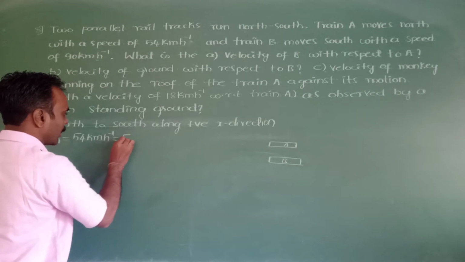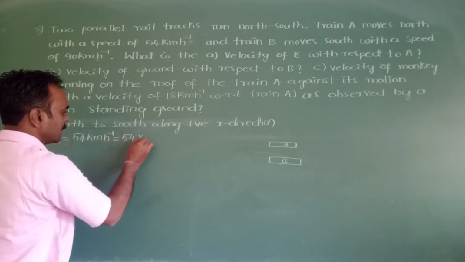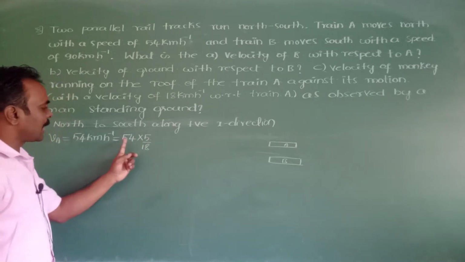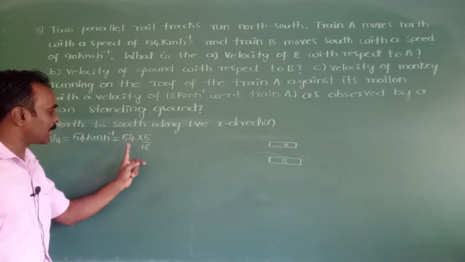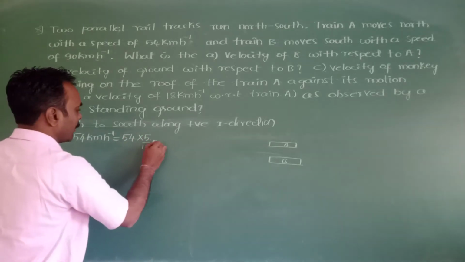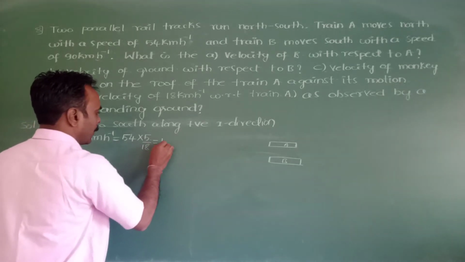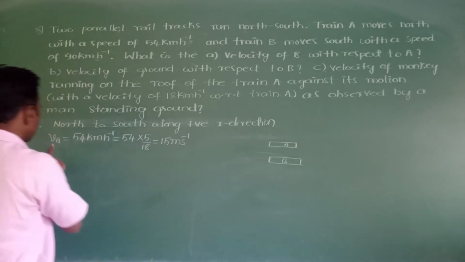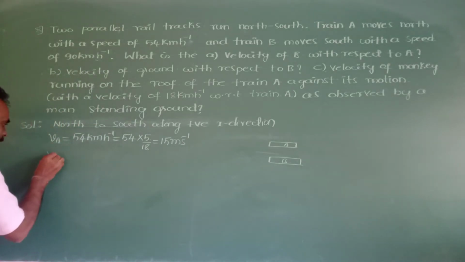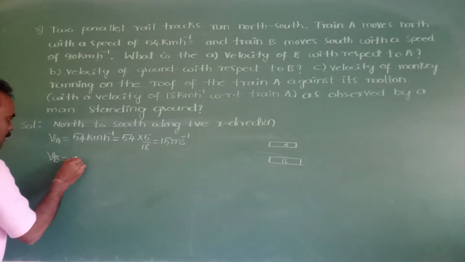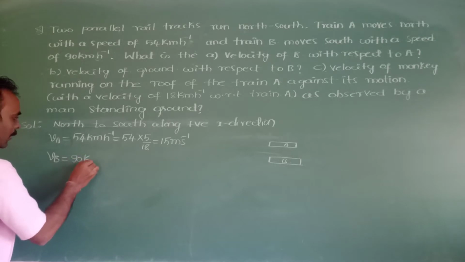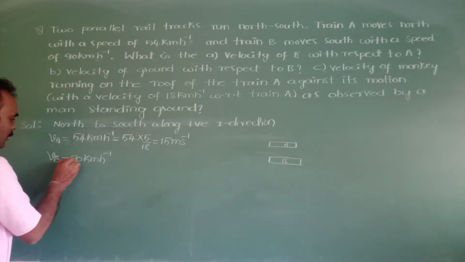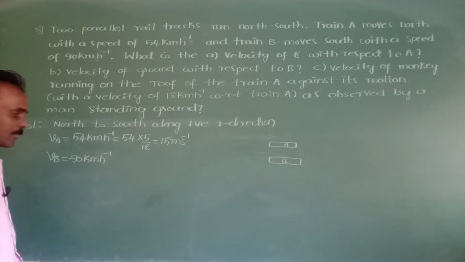Which can be converted by multiplying by 5 by 18. If you multiply this 54 by 5 by 18, you will get meter per second. Then what we get? We get 15 meter per second is the velocity of A. Then the velocity of B, it is 90 km per hour given, and we have taken A as positive, then B should be negative.